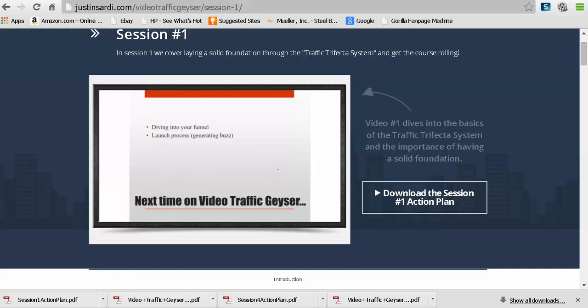We actually did this with the ASM case study, where we had some pre-launch ads running where we got people excited about it and comfortable with the whole process, so then they would be able to go through and make the buying decision.